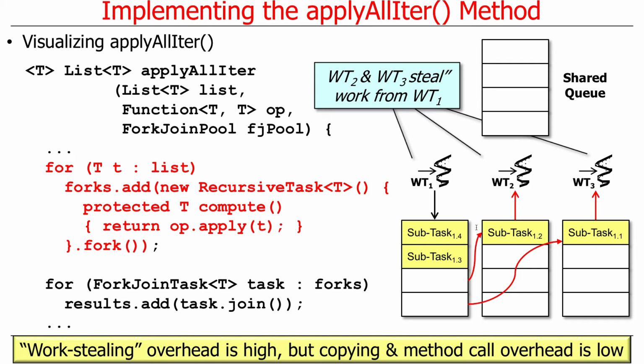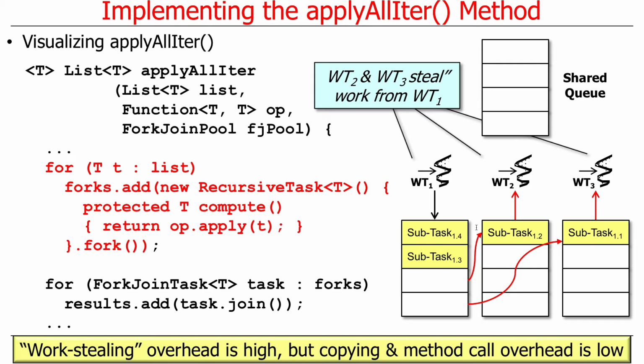As it's working on the subtasks that are at the front of its deck, of its work queue, other threads in the work pool can come along and steal work from this deck, because those other threads don't have anything to do. Their decks are empty. They're not playing with a full deck, as it were.